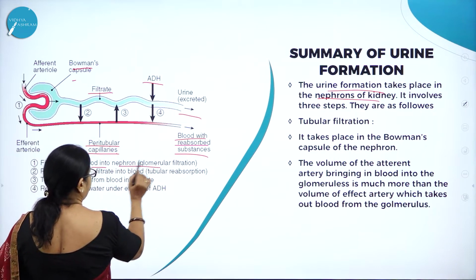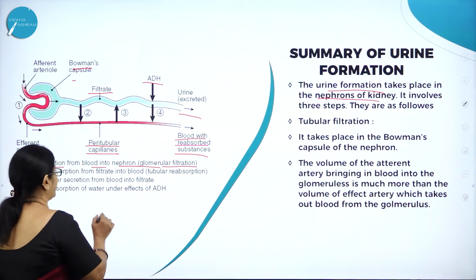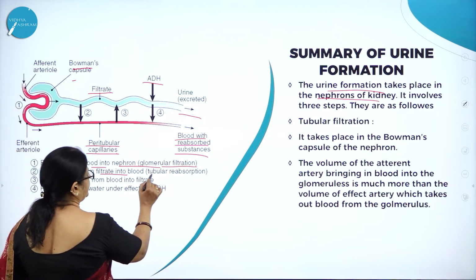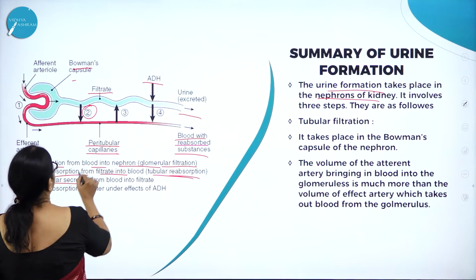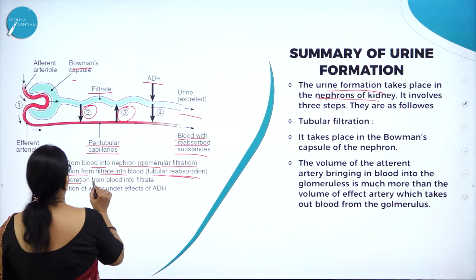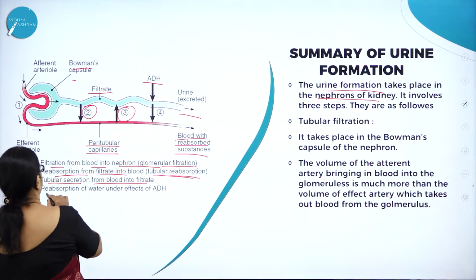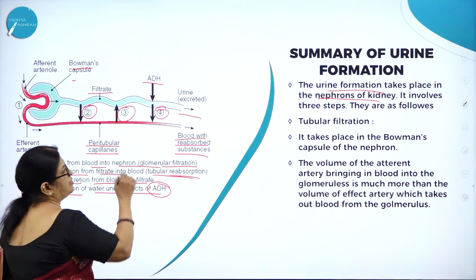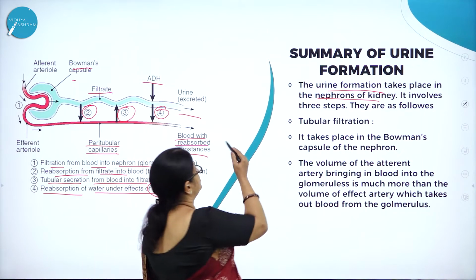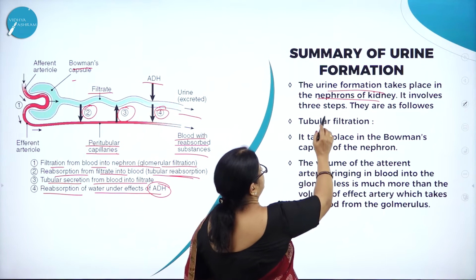Filtration from blood into the nephron, that is called glomerular filtration. Reabsorption from filtrate into blood, that is point number 2. It is called tubular reabsorption. Tubular secretion is from blood into filtrate. And reabsorption of water is under the effects of ADH. So finally, the urine formation, as you see in this picture, takes place in the nephrons of the kidney.